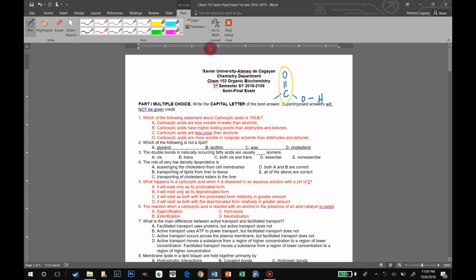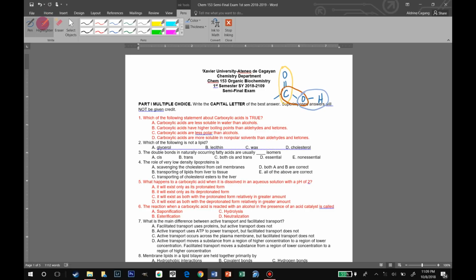Then you have this C single bond O, another polar bond. And then you have the third one, this OH, a very polar bond as well. So you have 3 polar bonds within the carboxylic acid functional group. In fact, among all the functional groups, the carboxylic acid group is the most polar.